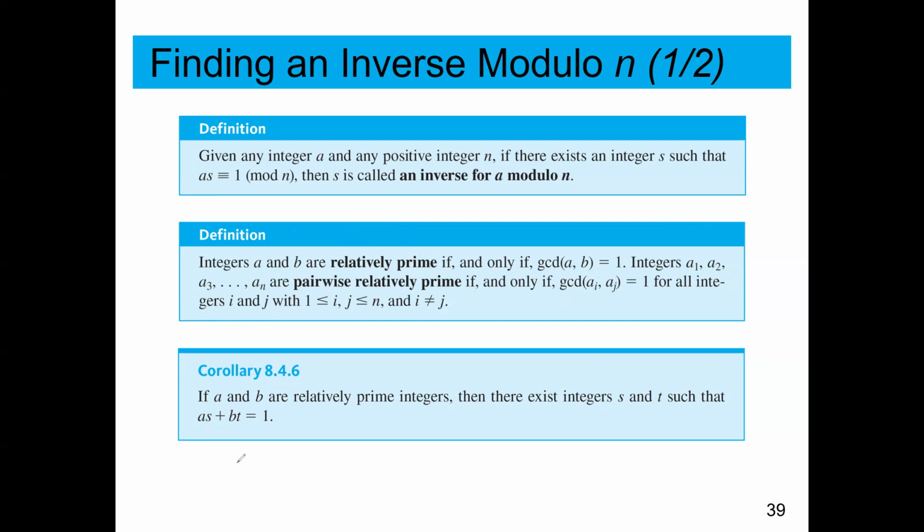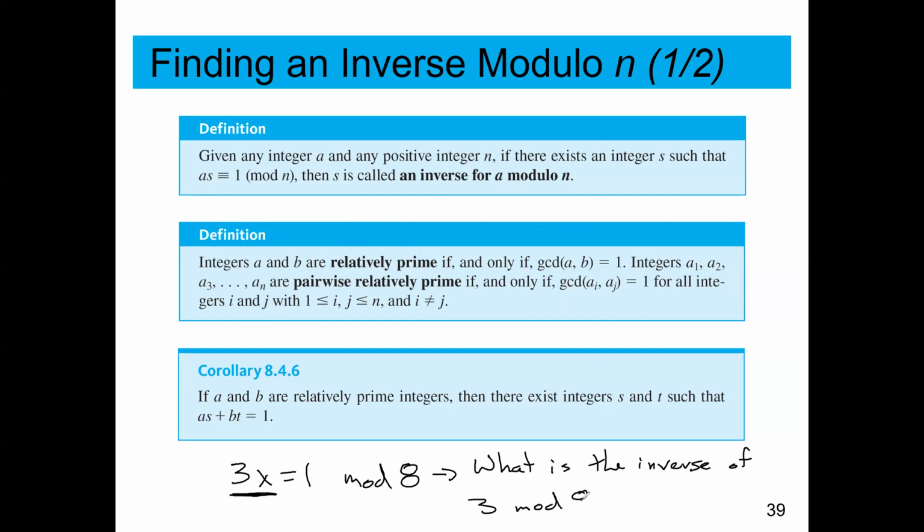If I'm asking again, 3 times what is 1 mod 8? What I'm really asking is the same thing as what is the inverse of 3 mod 8? So that is our question here.